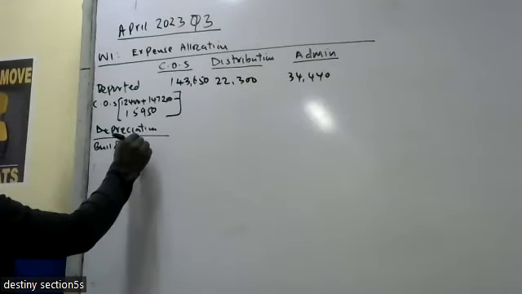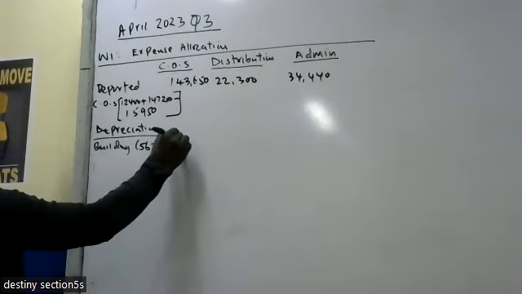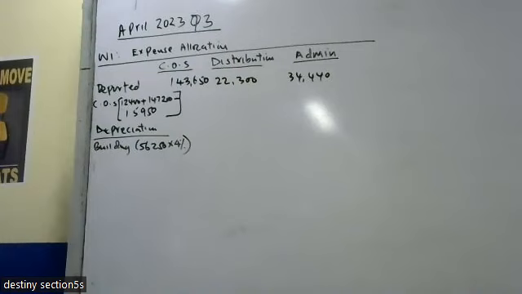Cost was 56,250 at a percentage of 4%. So 4% times that one. How much? 2,250.